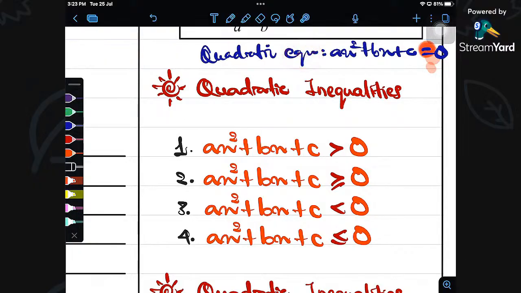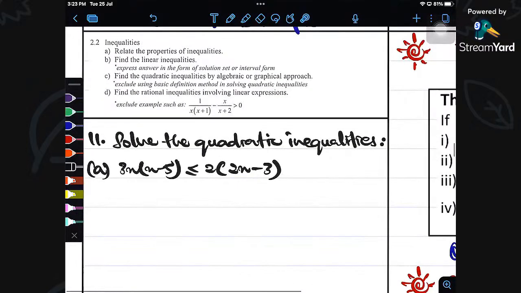Sekarang ni kita bukan nak selesaikan equation, kita nak selesaikan quadratic juga, cumanya everything here is inequalities. So that is our goal today. The next goal is solving quadratic inequalities. How do I know all of this is quadratic? Sebab bila saya darab masuk, saya akan automatically berjumpa dengan quadratic. That's why I see here 3x squared minus 15x.